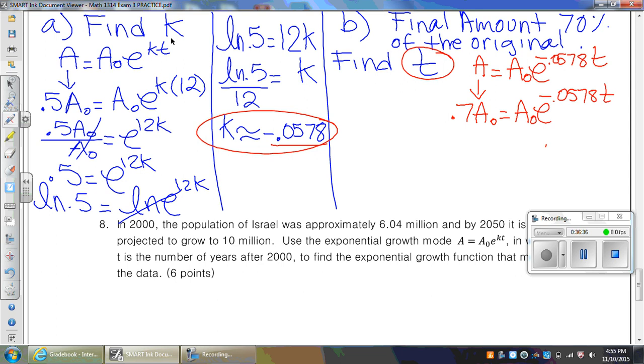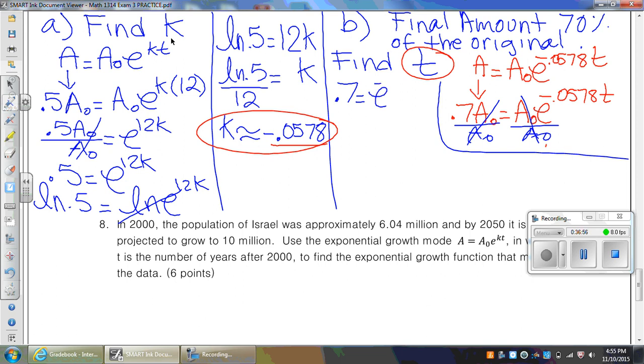And we're going to solve it the same way that we did the first one. So we will end up dividing by a sub 0. So we'll have something like 0.7 is equal to e to the power negative 0.0578 times t.